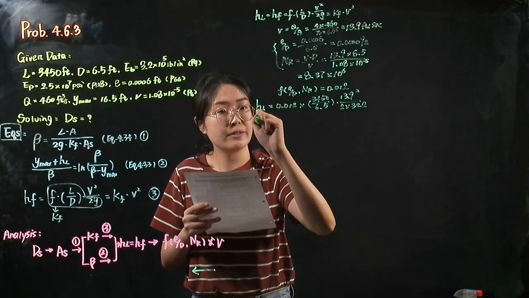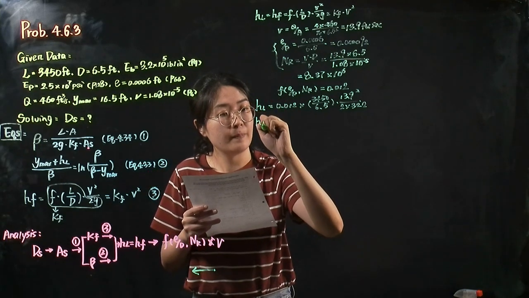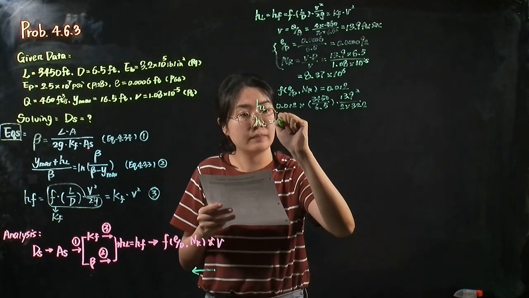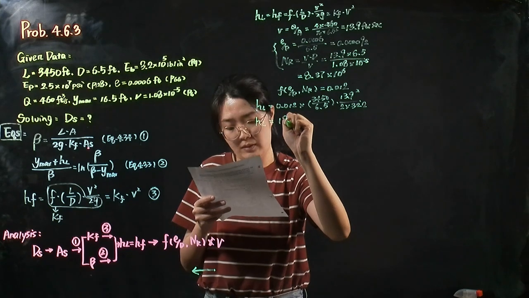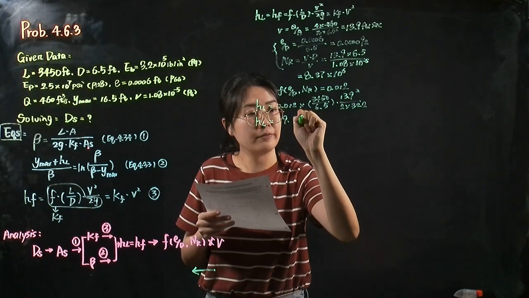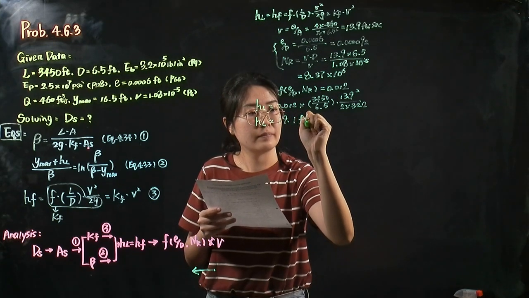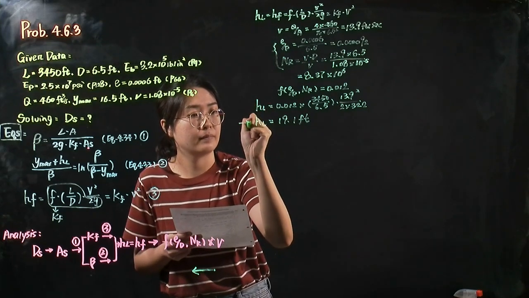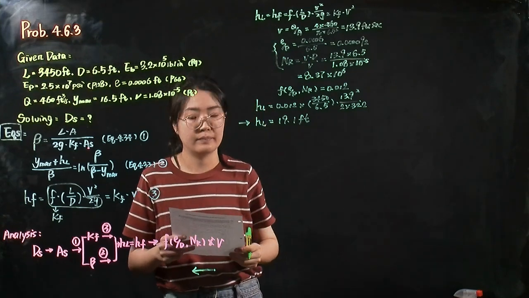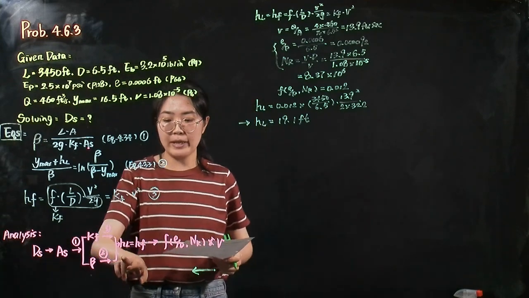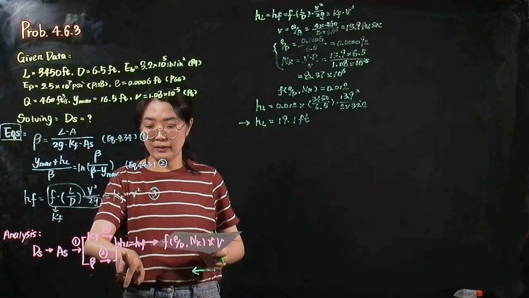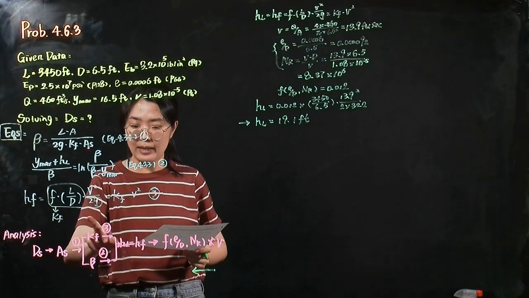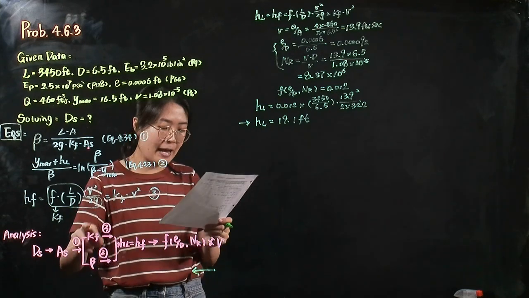Then we can get the head loss. It equals 19.1 feet. So currently we have the value of the head loss. So the next step, we need to calculate K sub F.